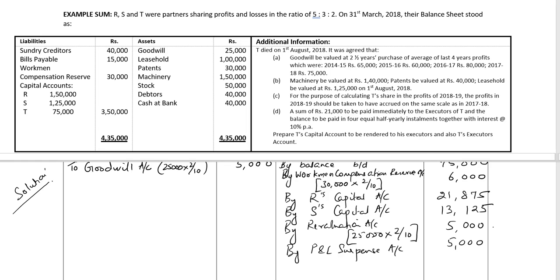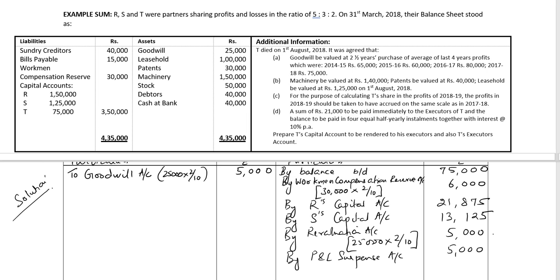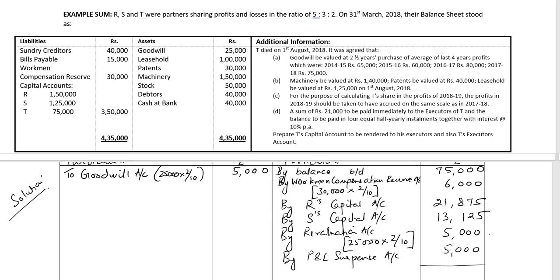The entries are done. We will total up T's capital account and transfer the balancing figure to T's executor's account.